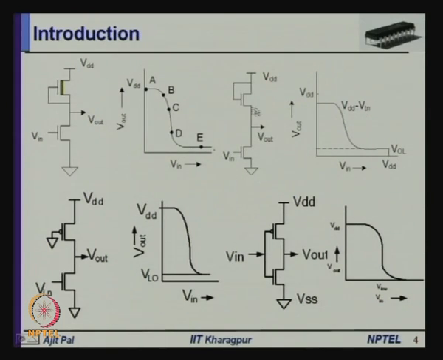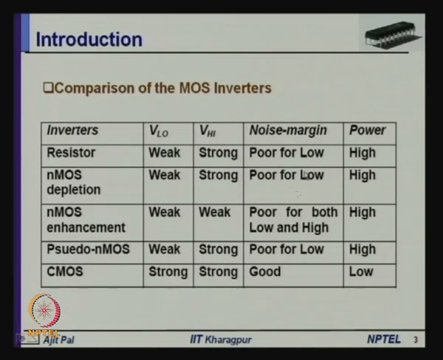But in case of NMOS enhancement type transistor as pull up, we are getting VDD minus VTN as the high level. So, we can see that except for the NMOS enhancement type inverter, where an enhancement type transistor is used as pull up device, we get strong VDD.